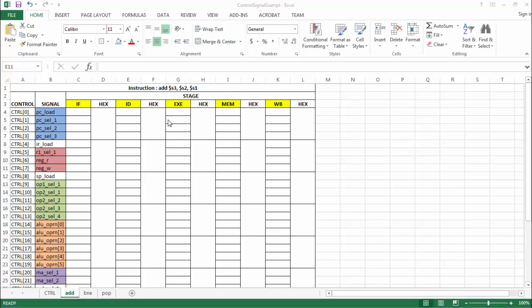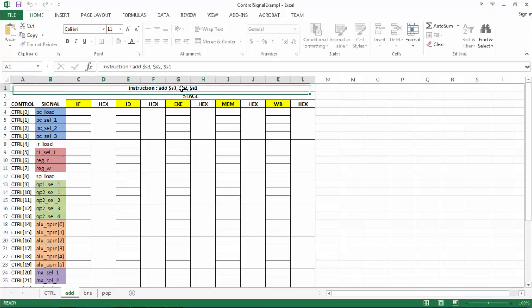Now let's review the micro instruction generation from the control unit for the instruction execution of add $S3 S2 S1, for example. Just some registers. For our case, S3 may not be that clear to you.